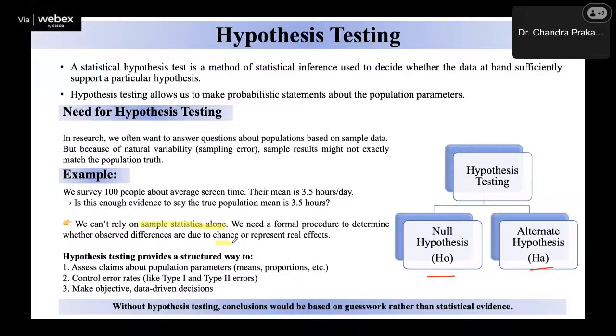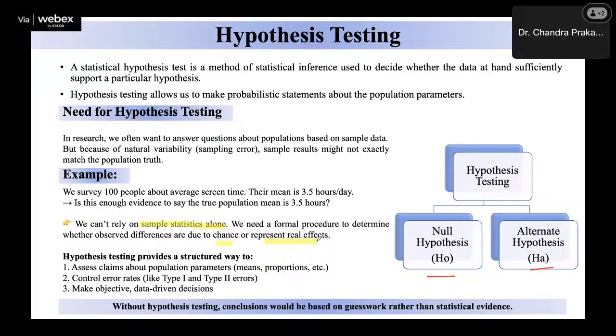Based on the hypothesis, we will see whether this particular output is a true representation or is due to some random chance. Hypothesis testing provides a structured way to assess a claim about population parameters.